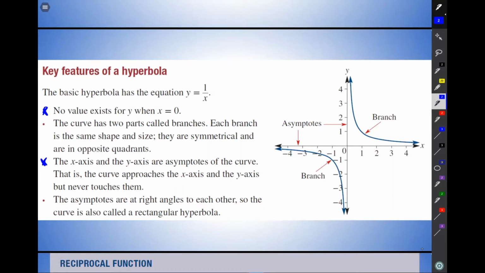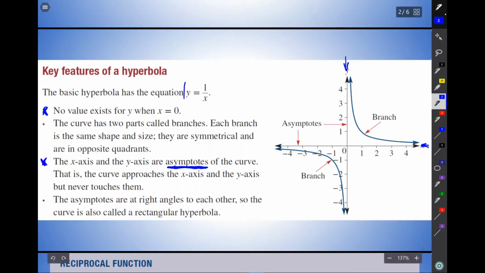The axes are this word again, asymptotes, which means that our function here will approach the y-axis and the x-axis, but it will never actually touch it. It can get very close, but it will never actually completely touch it.